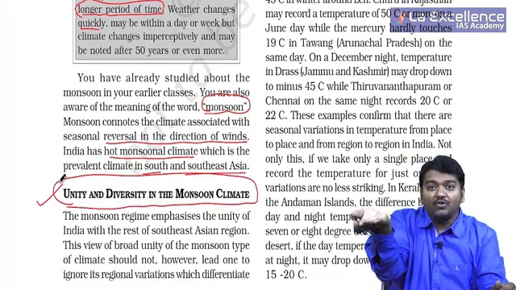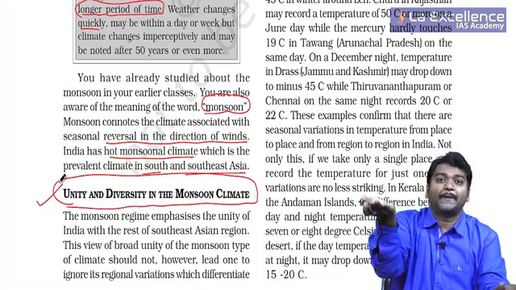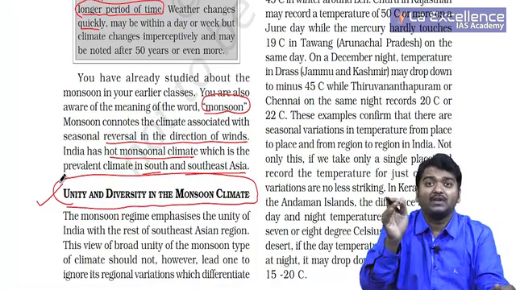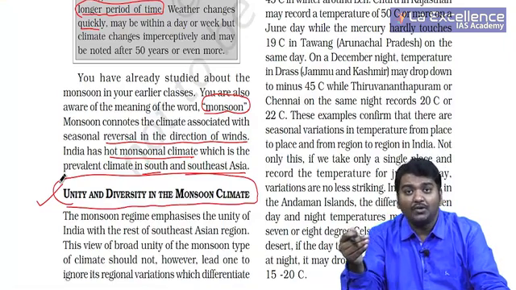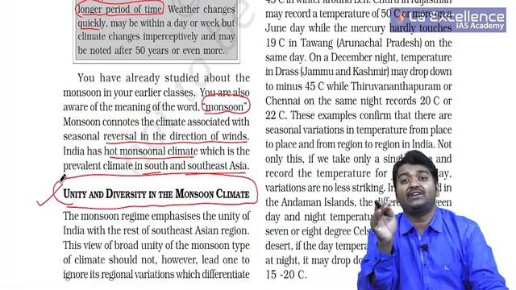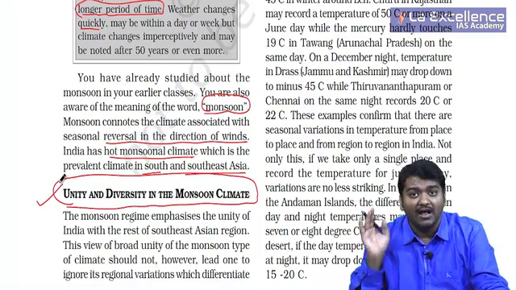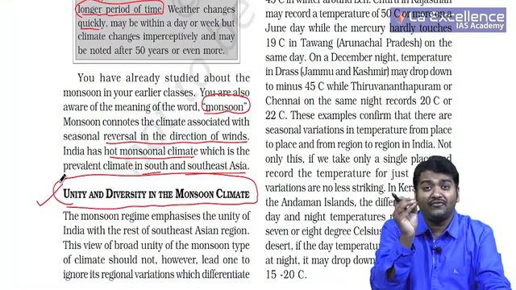If you go with altitude, you know that in the troposphere temperature decreases, and because of this Darjeeling is much cooler. So even within the same latitude, different places receive different rainfall and they see different temperatures as well. So it's very, very important for us to understand each and every concept.